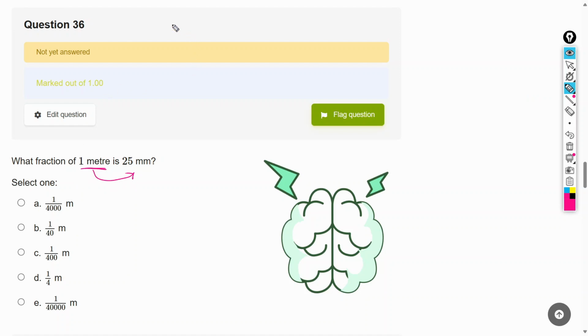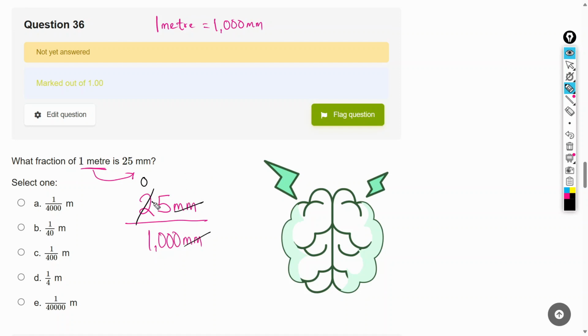So remember that in 1 meter, we have 1000 millimeters. So that would mean 25 millimeters divided by 1000 millimeters. We can cancel out our units, and then we can divide by 5.